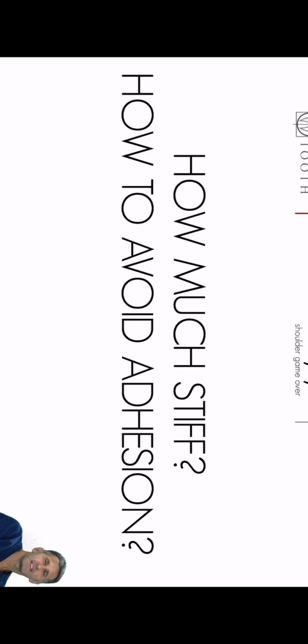Because we've seen that a more rigid post gives more load to the root, a too flexible post, like a fiber post, gives zero load to the root. But how stiff should it be, and how to avoid adhesion? Okay, how stiff? We have no data at all. We know, for example, that when you use a cast post, you should not use chromium-cobalt alloy, just because it's too rigid, but we advise using gold, for example, because the stiffness of gold is less.